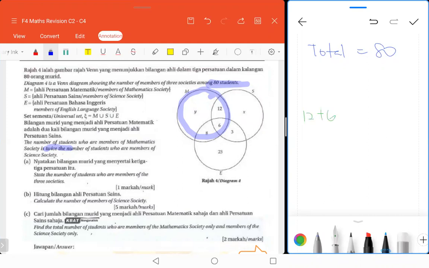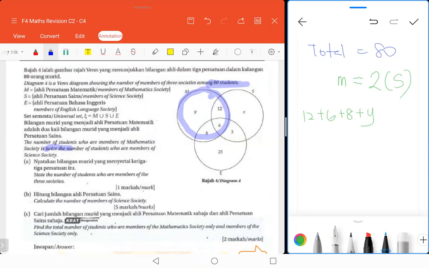We form the equation first. 12 plus 6 plus 8 plus y. So this is Maths Society is twice. Okay, number of members in Maths Society is twice, equal to 2 times members of Science Society, like this.